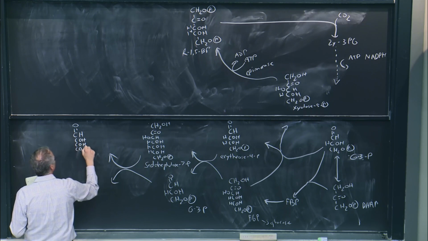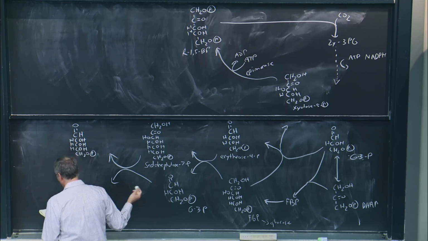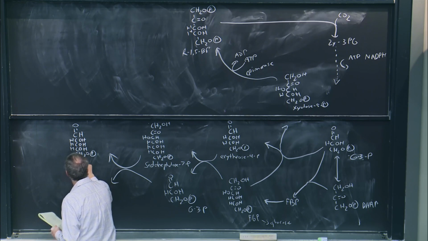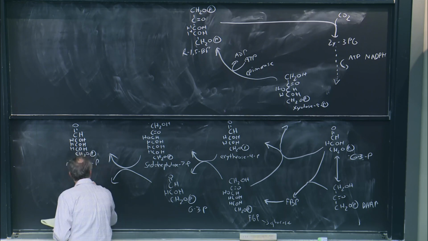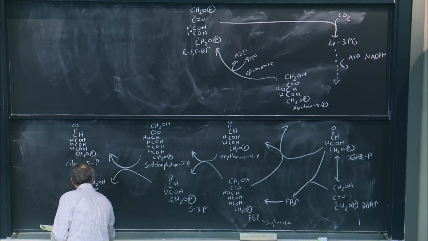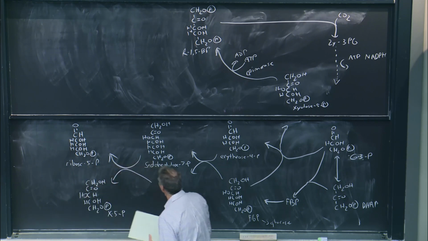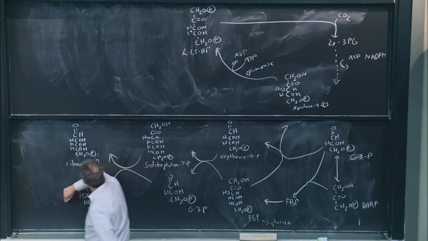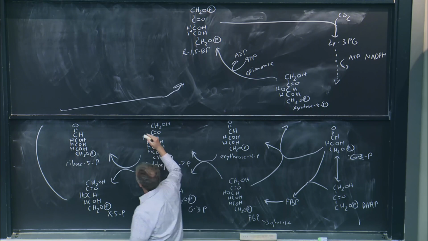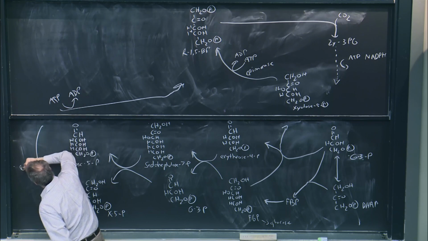Now I can swap 2 carbons again, and that gives me a ribose 5-phosphate and another xylulose 5-phosphate. So X5P, xylulose 5-phosphate. I can now do exactly the same thing I did before with the xylulose 5-phosphate, where I do an epimerase reaction and phosphorylate it.